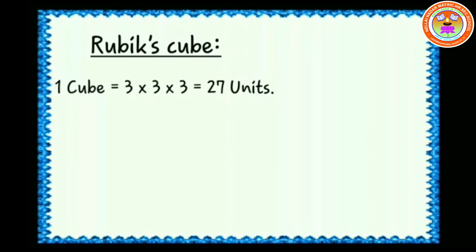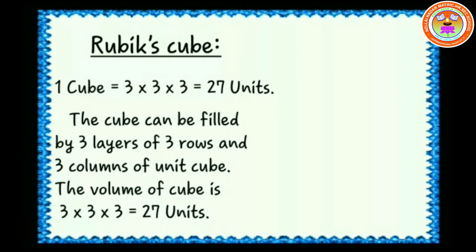Rubik's cube. 1 cube is 3 into 3 into 3, which is 27 units. The cube can be filled by 3 layers of 3 rows and 3 columns of unit cubes.